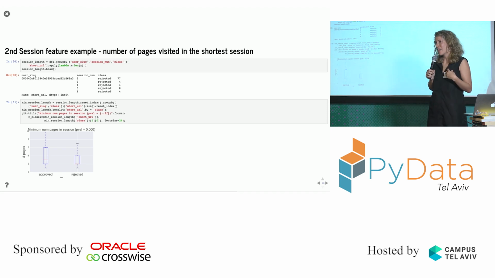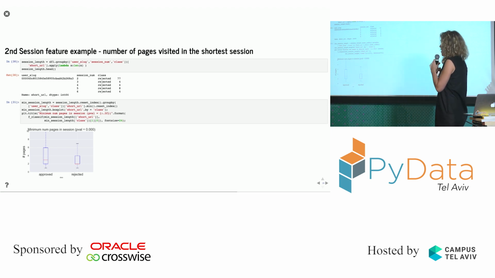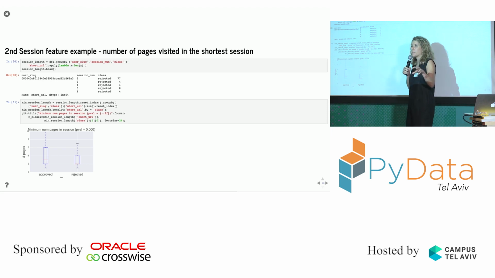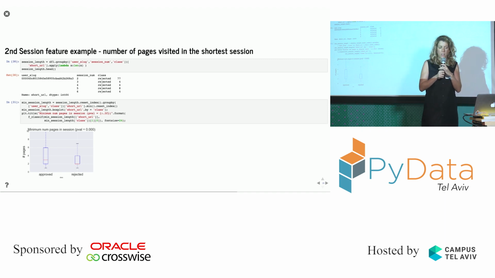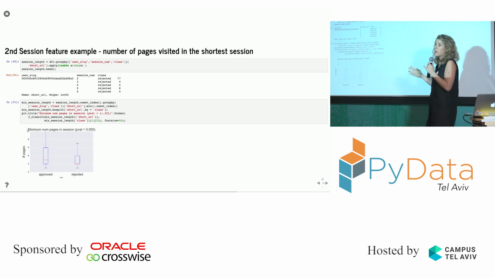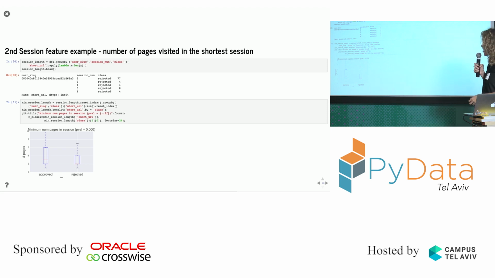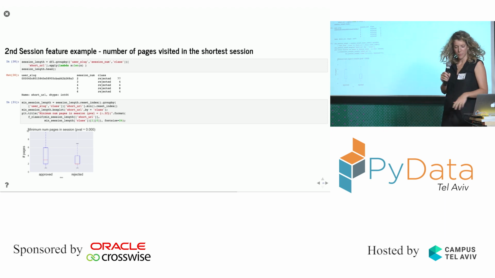So what I thought is that the rejected users maybe need the money more, so they do more short sessions, where they just come into the website and check, are we approved, and visit just one page many times. So this is what I thought, but again, I can't tell. But it's interesting. You can see that it has correlation with the target.